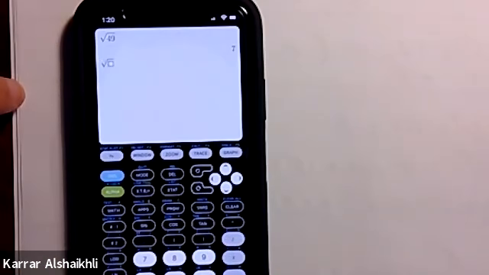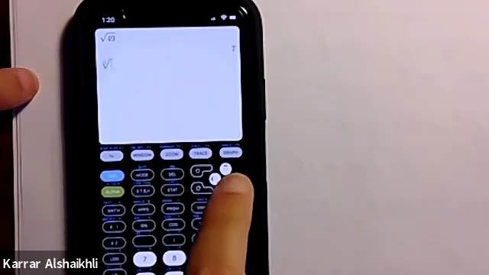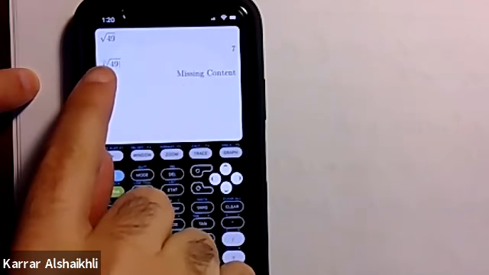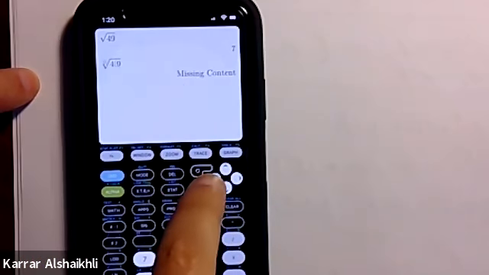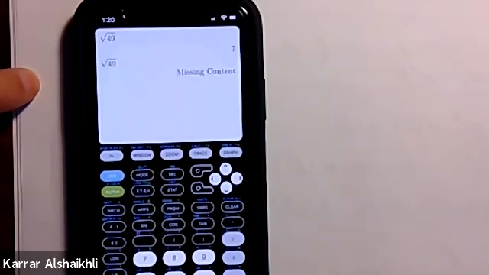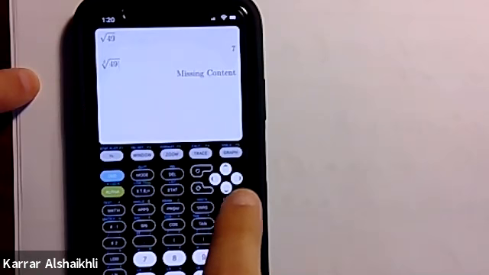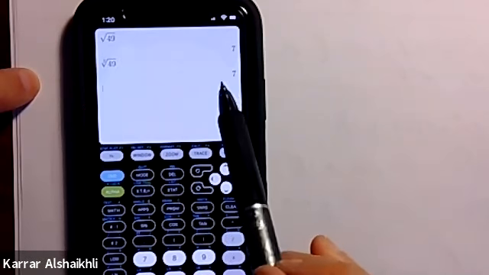For a square root, you leave it by itself, you don't have to write down anything, and then 49. The constant is missing because it's a square root, so we have to put 2 here. Square root means you put the number 2. So it's going to be 7.